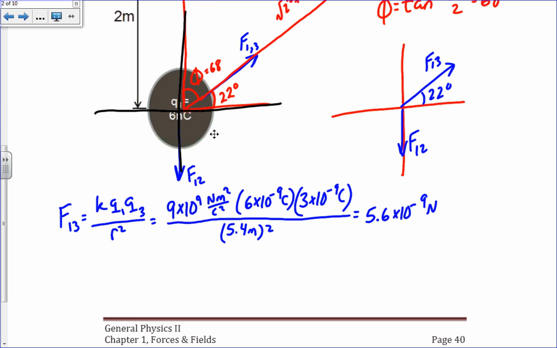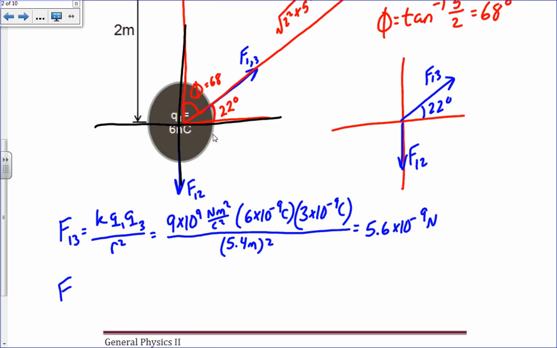And then I want to know what F12 is. F12 is K Q1 Q2 over R squared. It's going to be 9 times 10 to the 9th times 6 times 10 to the minus 9. Remember, nanocoulombs: you'll need to know those small metric prefixes, nano, micro, maybe pico later.